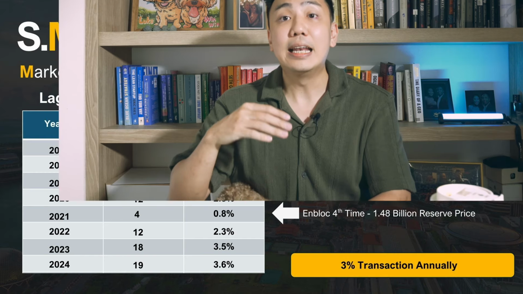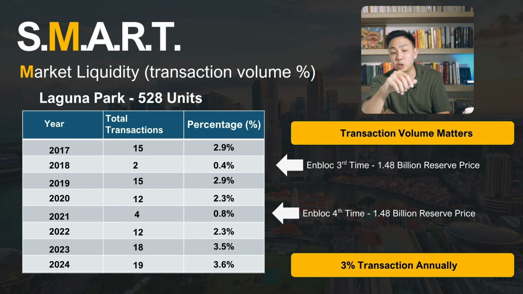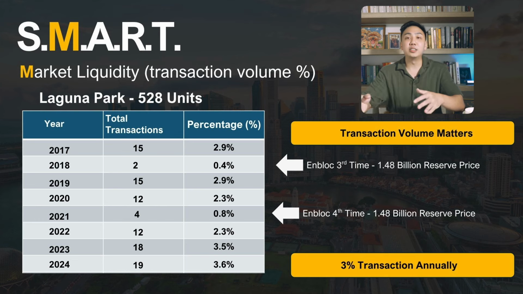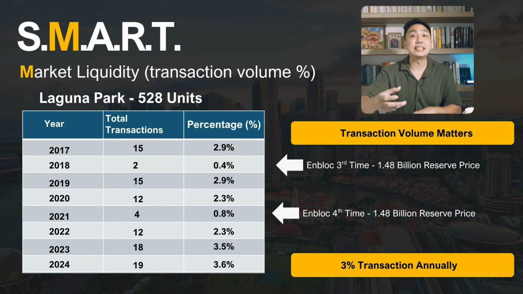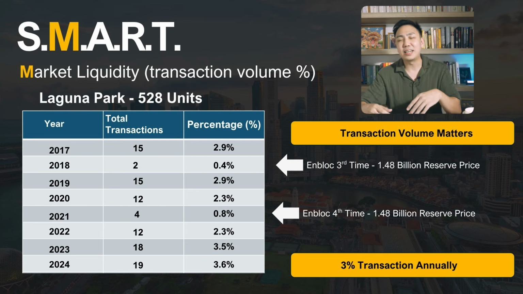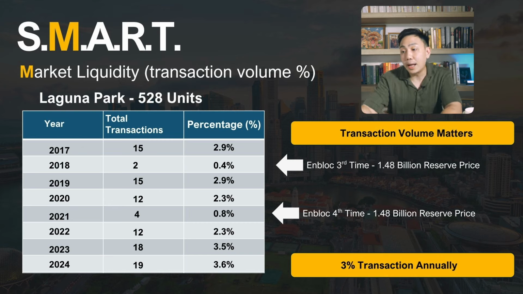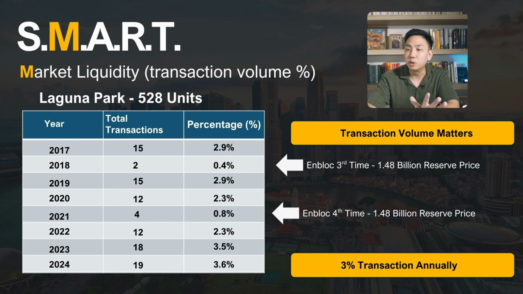Anyways, if you look at the transaction volume and market liquidity, Laguna Park has a very healthy transaction volume year to year. The only 2 times they didn't cross the double digit is because they were trying en bloc. Okay, that's why all the transactions stopped and the owners in Laguna Park were hoping for a windfall, but it didn't happen. Maybe the next round it would happen, maybe, we don't know, but you can see on average 3% transaction annually for Laguna Park.